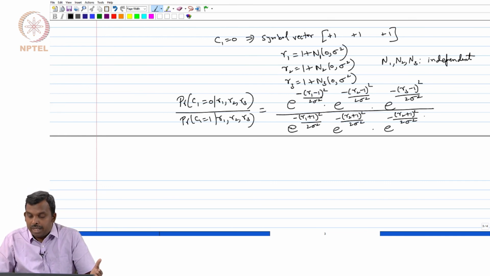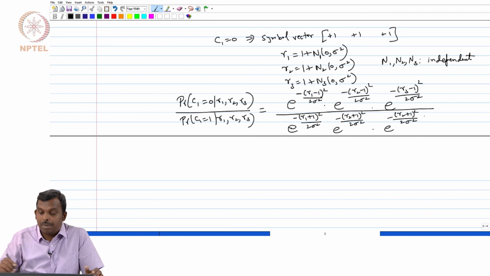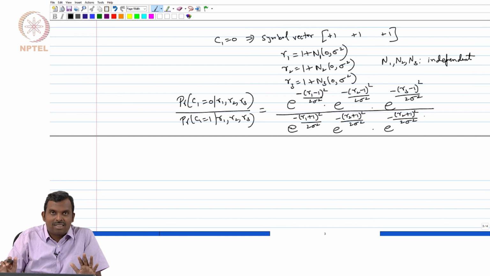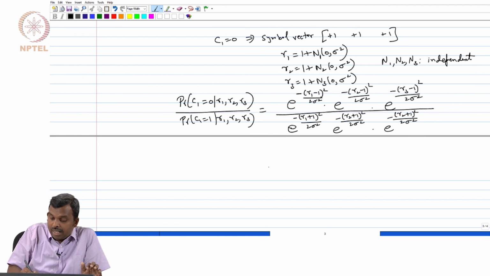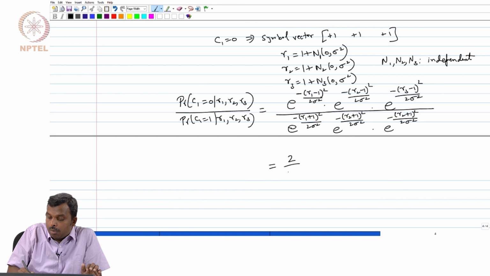Notice what happened here: the way in which the code words are set up is quite important, that is why this happened. You can do a lot of simplification and cancelling. You will finally get e power, I am sorry, forgot the e power here.